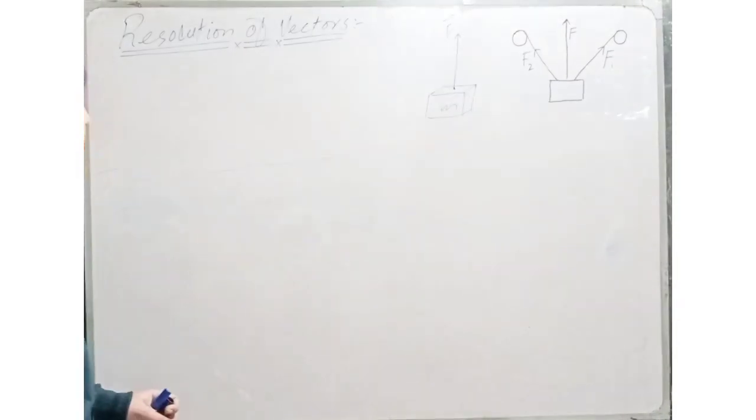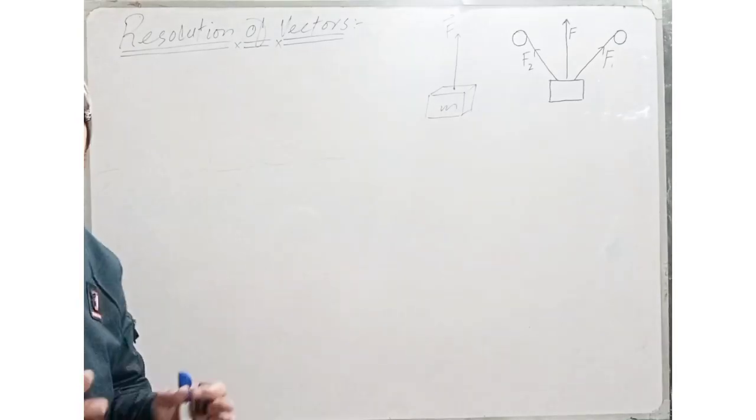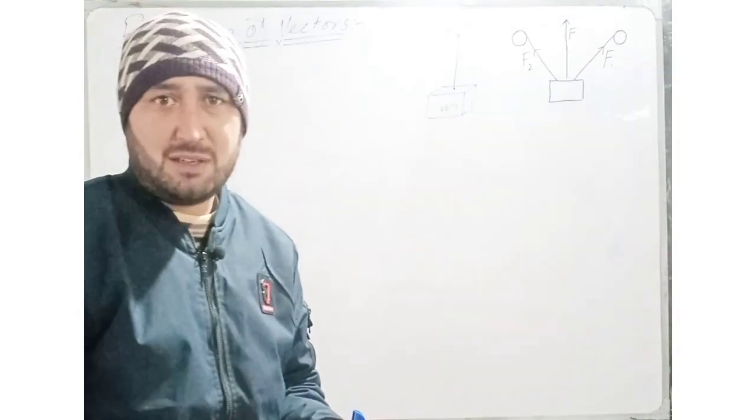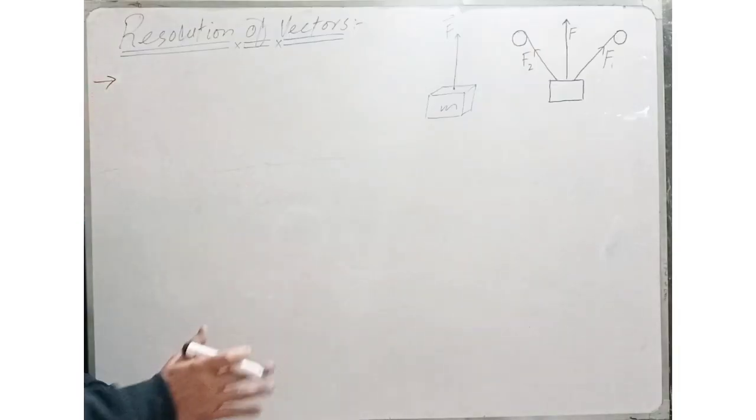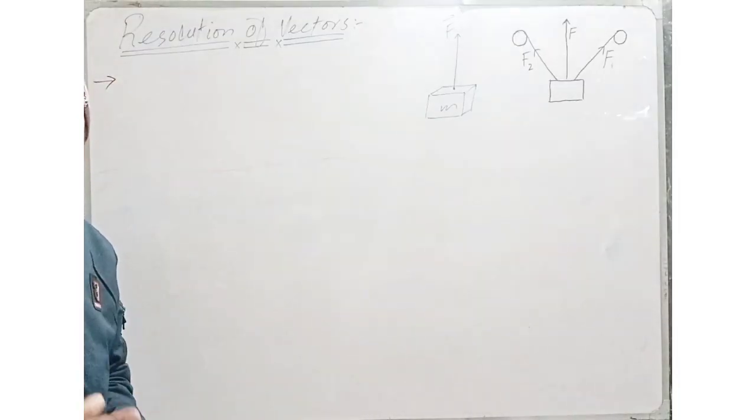Now what does resolution of a vector mean? Dear students, resolution is actually splitting or breaking anything, right? So in case of resolution of a vector, we are going to split a vector into its parts.